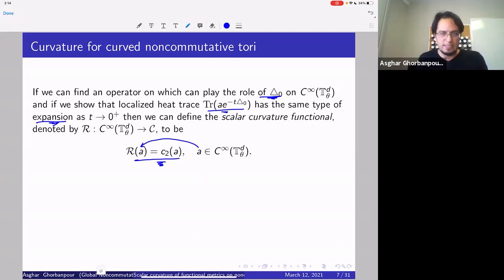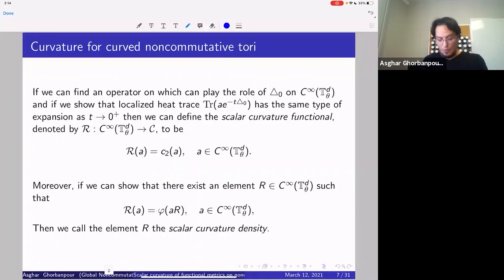It's a linear functional. Moreover, if we can show that there exists an element in the non-commutative torus such that the functional is given by the trace on the non-commutative torus of A times that density, then that density can be called the scalar curvature density.